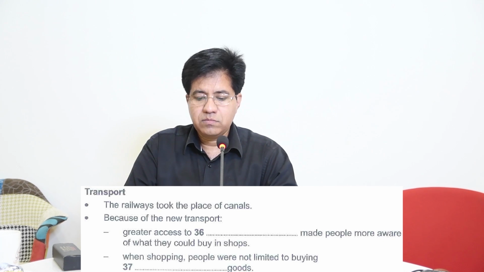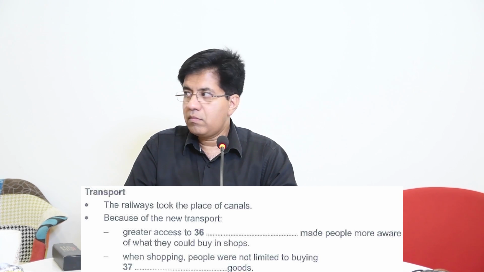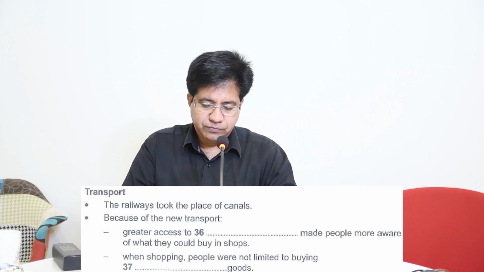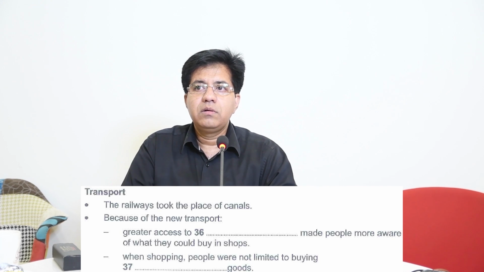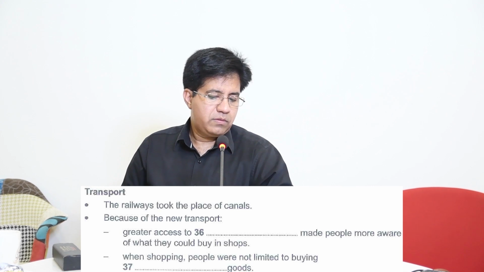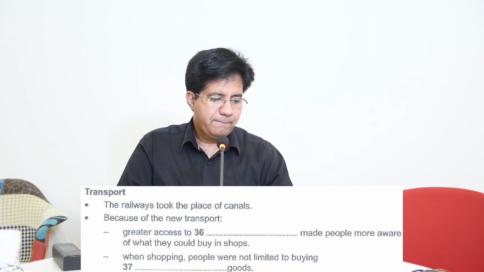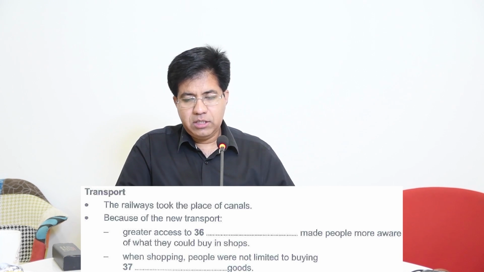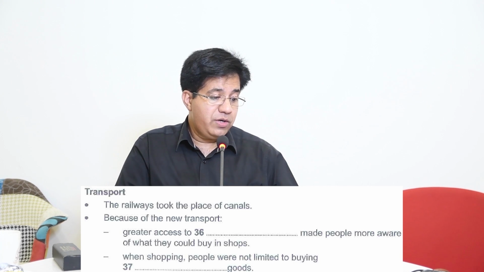The canals gradually fell out of use, though, as railways were developed, becoming the main way of moving goods and people from one end of the country to the other. And the goods they moved weren't just coal, iron, clothes, and so on. Significantly, they included newspapers, which meant that thousands of people were not only more knowledgeable about what was going on in the country, but could also read about what was available in the shops. And that encouraged them to buy more.